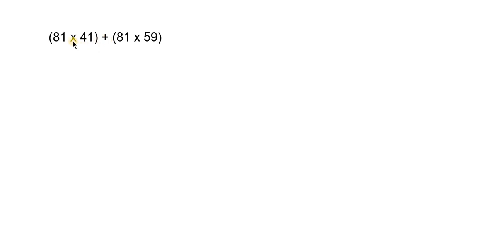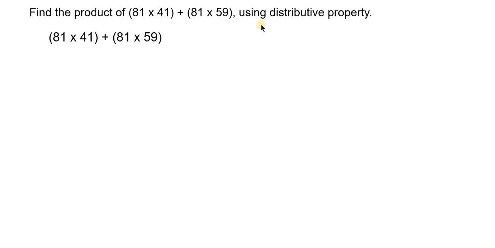So you can recognize that it looks like the right hand side expression of the distributive property. So you can find the product of this using distributive property. You will have to compute it using the distributive property.